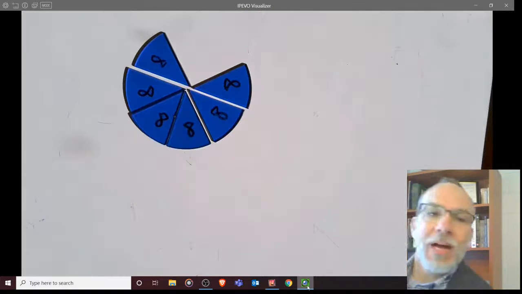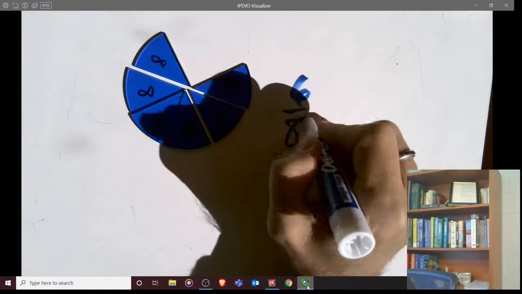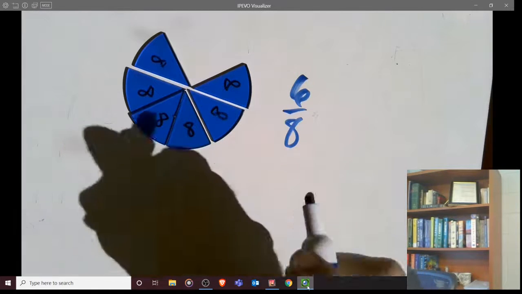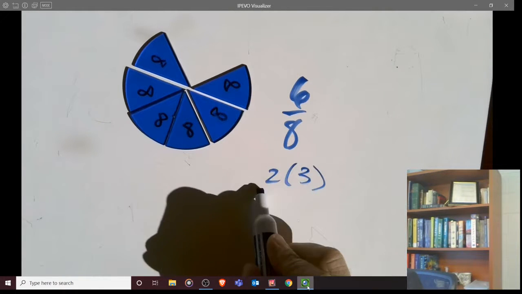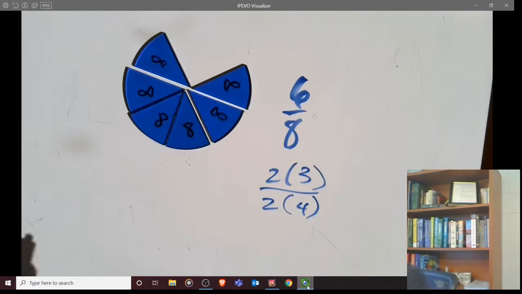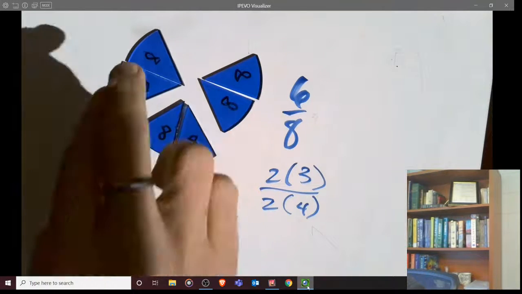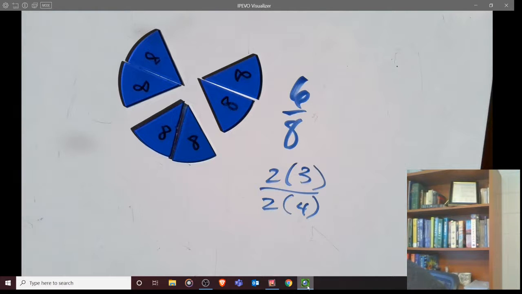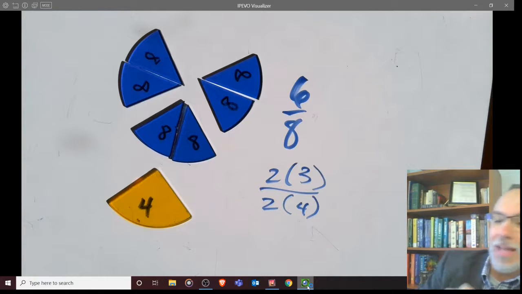Okay. Now, I've got 6/8. Didn't we say there was a 2 involved? Didn't we say 2 times 3 and then 2 times a 4? What's the 2 got to do with the little fraction pieces here? Well, if I take 2 of these and 2 of these and 2 of these, I've got little groups of 2. But now if you'll notice, 1/4 is exactly equal to 2 equal parts of 8s.